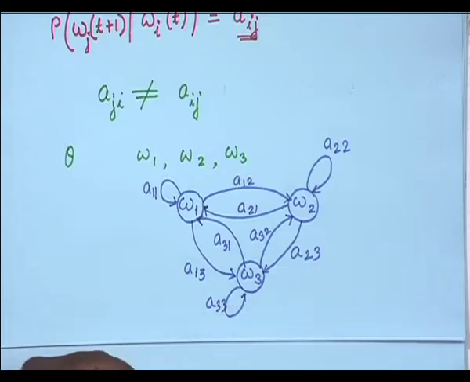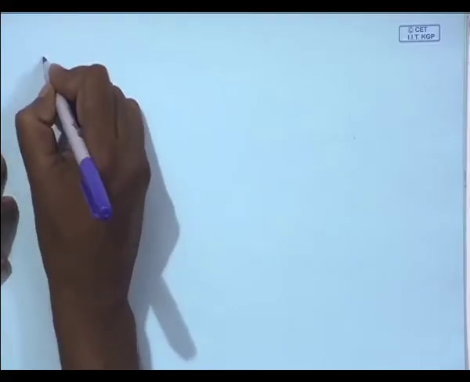Suppose I have a hidden Markov model specified by theta, and this model has 4 different states: omega 1, omega 2, omega 3 and omega 4.